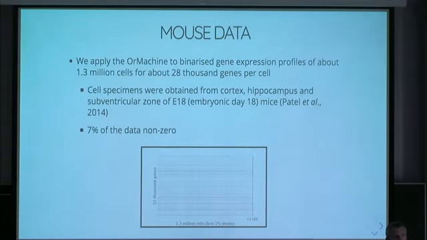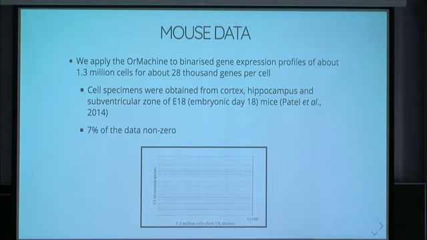This is going back now to the mouse data that we have. We applied this to the binarized gene expression data of about 1.3 million cells. There were about 28,000 genes per cell.